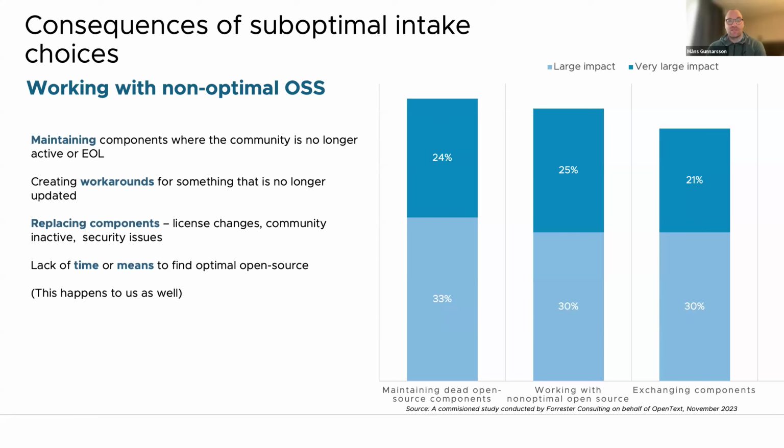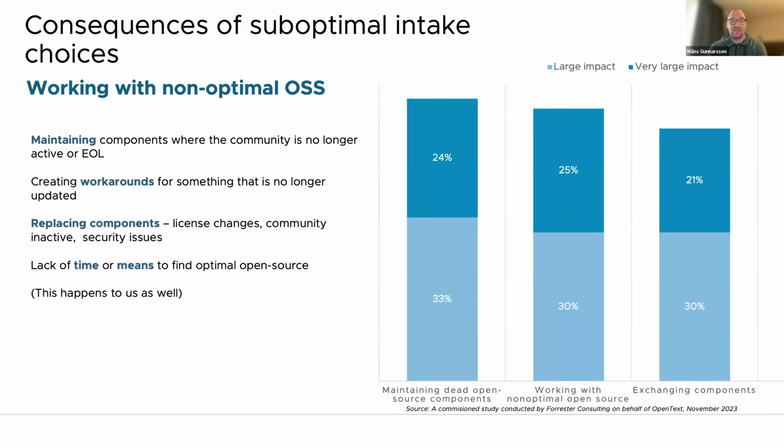So this results in having to maintain components with a community that's no longer active or that is no longer as active as expected, or even where the component has passed its end of life date. It results in not directly having to maintain the component, but perhaps having to create workarounds for something that's no longer being updated.